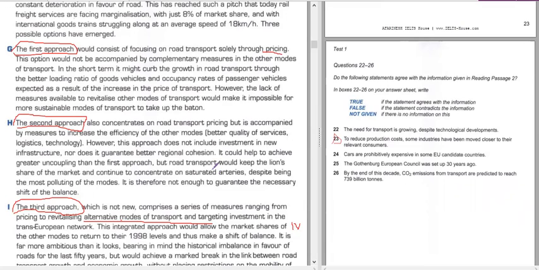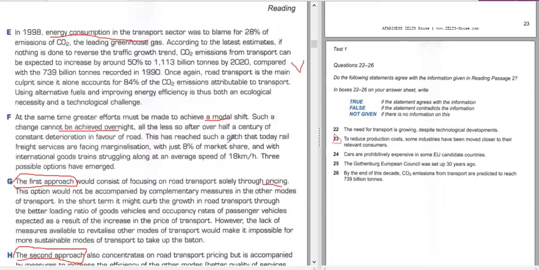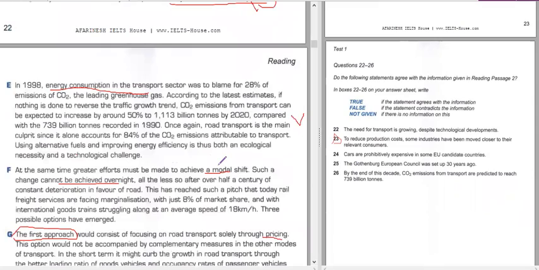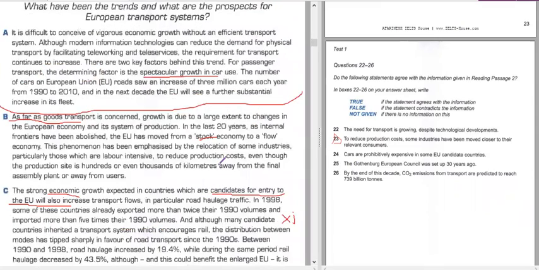Were you able to locate where the answer is? Yes, sir, it was in the above paragraph, the second one, paragraph B. Okay, so it is saying that to reduce production costs, some industries have been moved closer to their relevant customers. I hope you understood the meaning of the question.